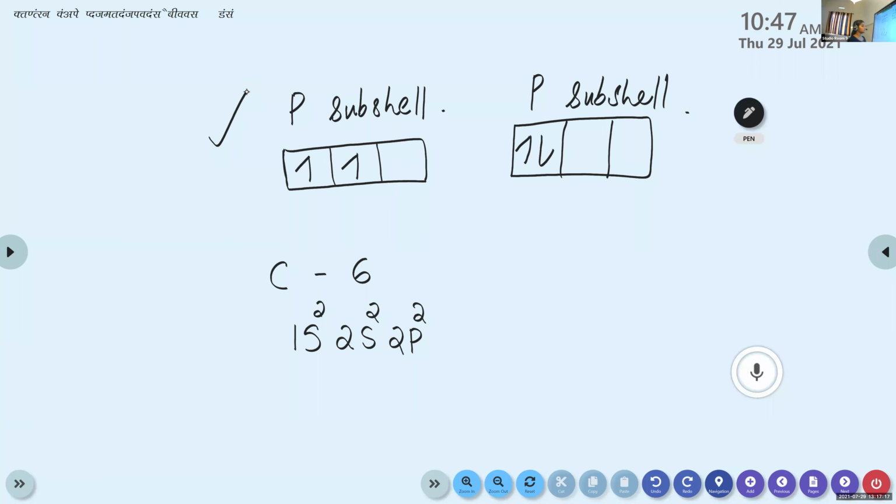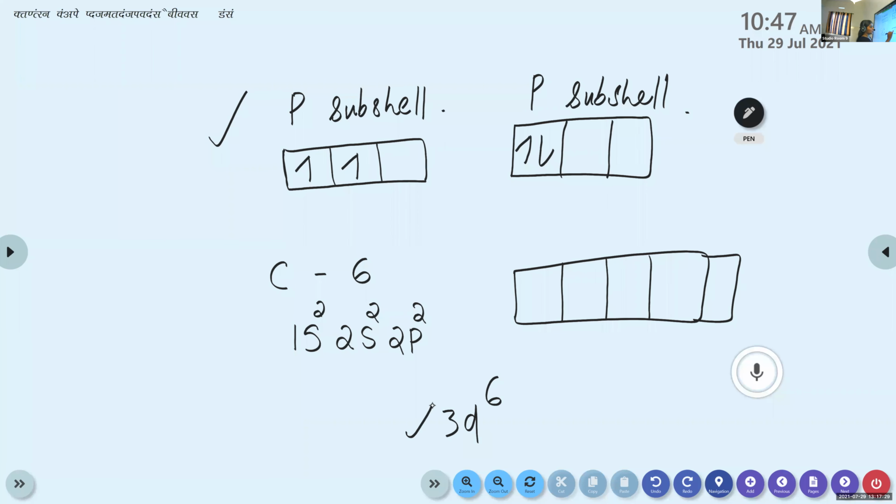The same method is followed in the D subshell also. There are 5 orbitals there, 1, 2, 3, 4, 5. If there are 6 electrons in this D subshell, you should follow the order 1, 2, 3, 4, 5, then 6.